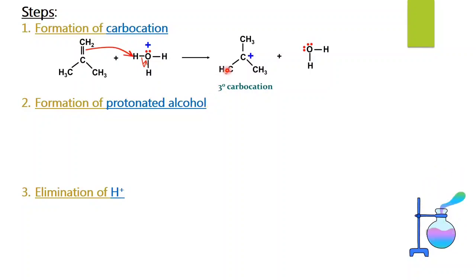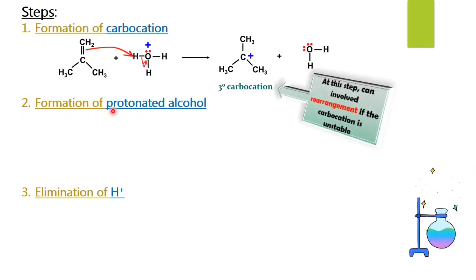Why? Because its neighbours on the left, right and top are all primary. You are tertiary, you won't change to primary, right? So no need for rearrangement here. But you need to be careful. Sometimes rearrangement can happen if the carbocation is unstable. Okay, so this is the first step, formation of carbocation.